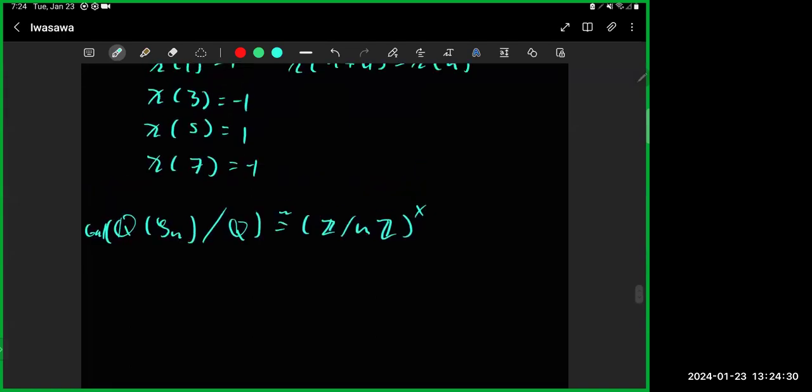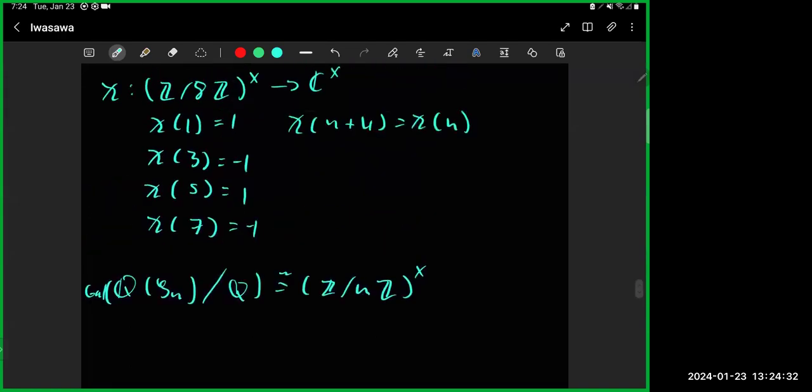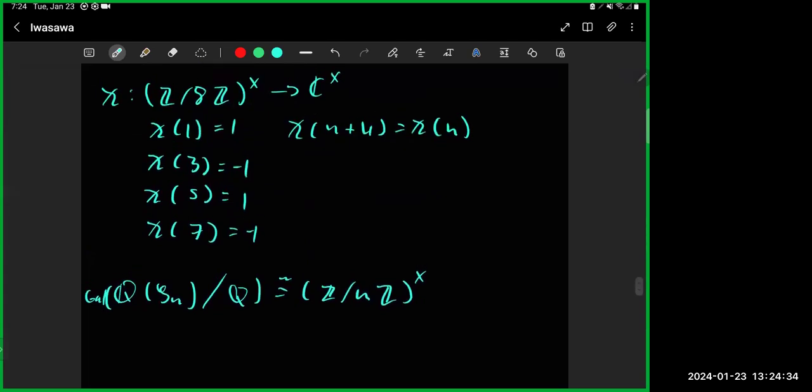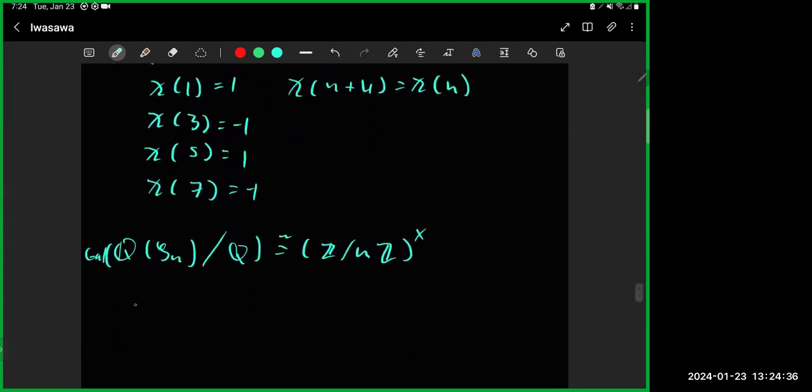So what's the kernel of this map? Well, the kernel of chi is 1 mod 8 and 5 mod 8.